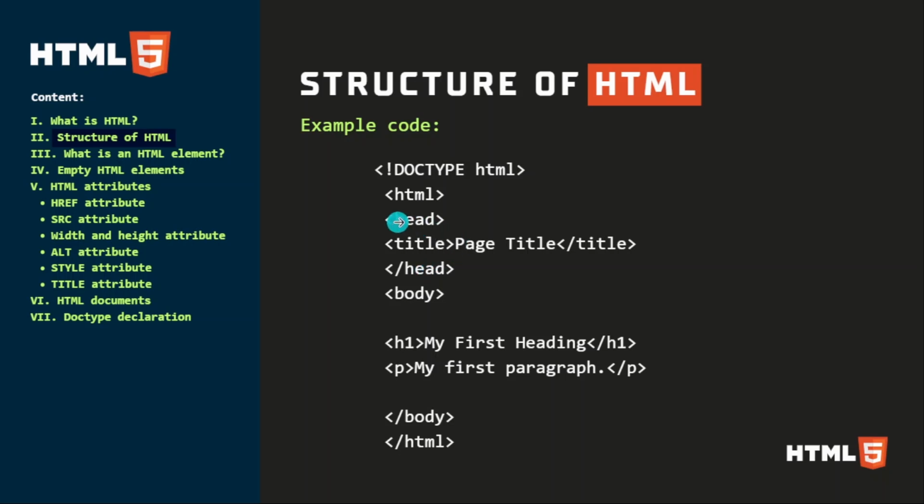You can see that head has an opening tag and a closing tag, and similarly title has an opening tag and a closing tag, which tell the browser this is the starting point and this is the ending point of the tag. Between them is the page title text, which can be anything we write inside this tag. And this is the h1 tag, p tag. In the upcoming videos you will be clearer about this.